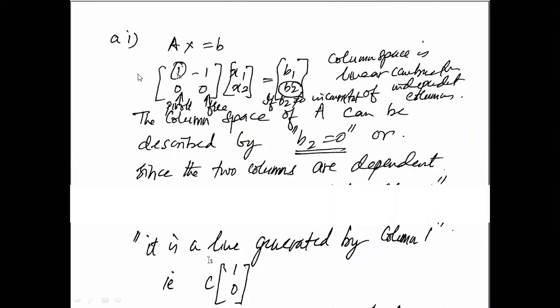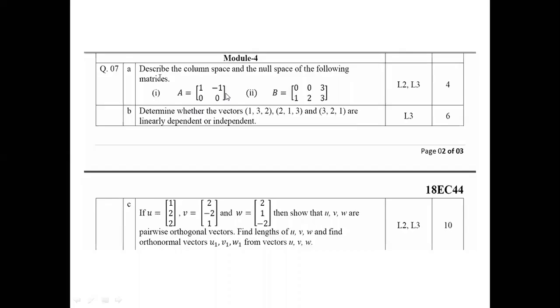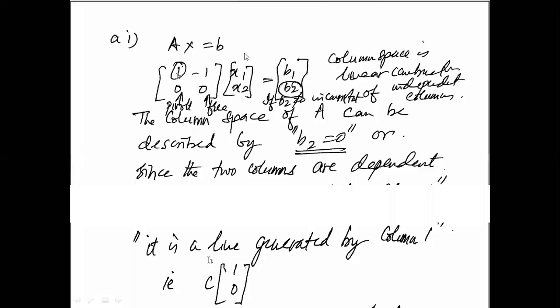A is given to us, x is what we'll have, and we are supposed to find b. Based on the values of b1 and b2, we'll be able to determine the column space of the given matrix A.